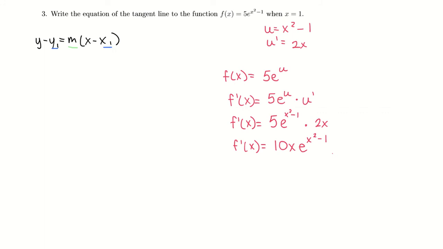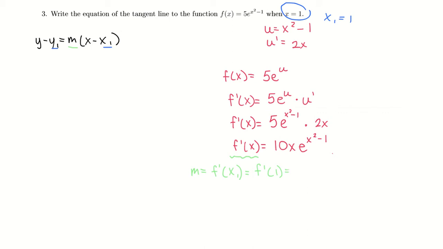So to find m, well, the only thing that we have right now is x1. So to find m, we plug x1 into the f prime function. So m is going to be f prime of x1, or f prime of 1.